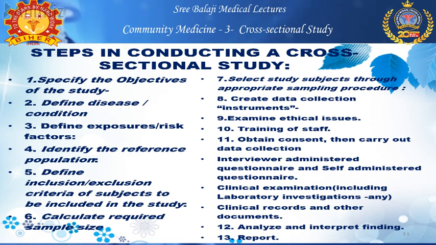So, through a random sampling technique, we will select 300 under 5 children and will collect data from them. That is enough. The data that we are going to collect from them will be of very much use. We will analyze them and publish the results. Whatever results we get from the sample, we can extrapolate to the reference population.